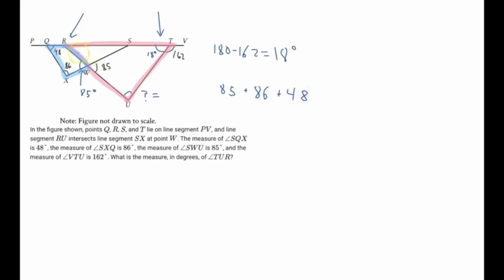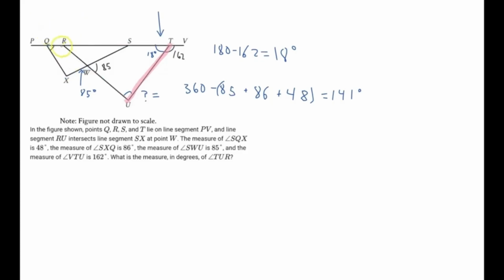Now if you want to find this angle in the corner right here, angle QRW, we just have to subtract all those other angles from 360. And so that gets us 141 degrees. Now, what does that really help us find? Well, first off, it's getting a little messy over here, so I'm just going to erase a bunch of this.